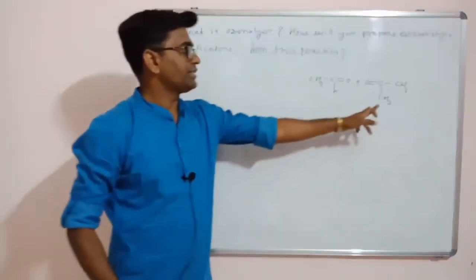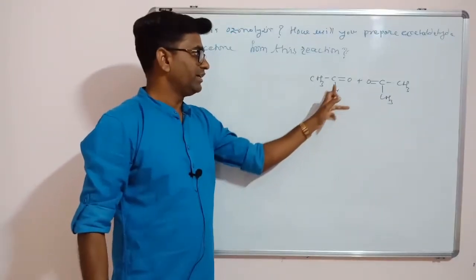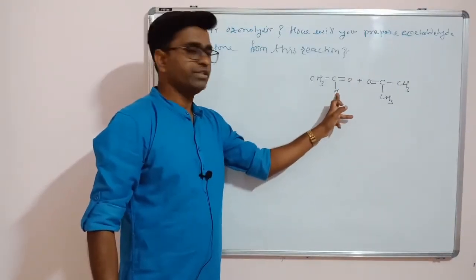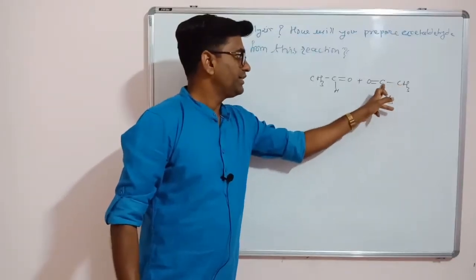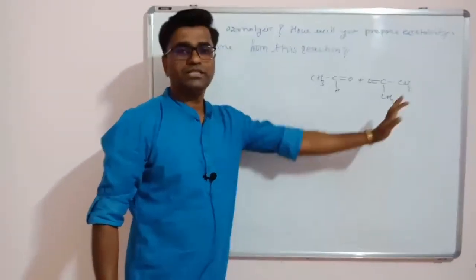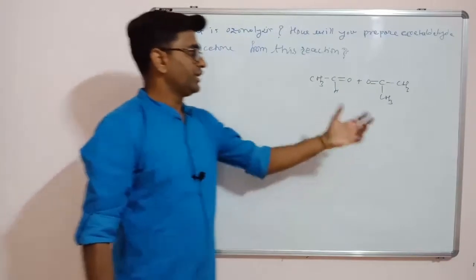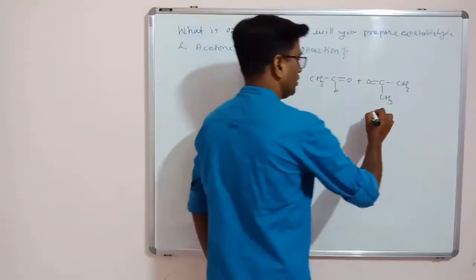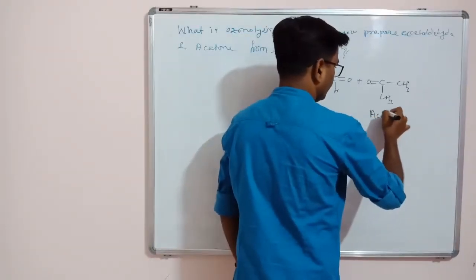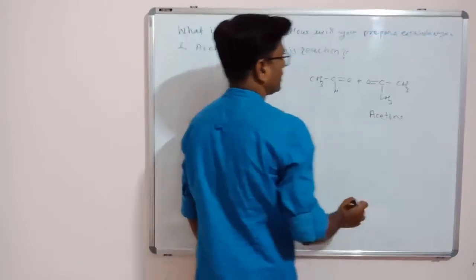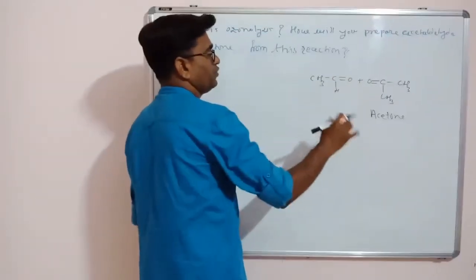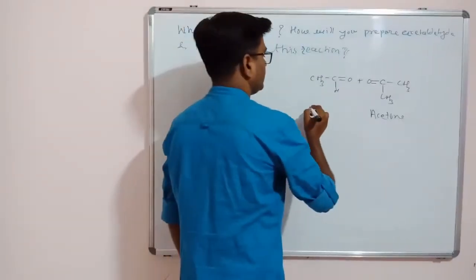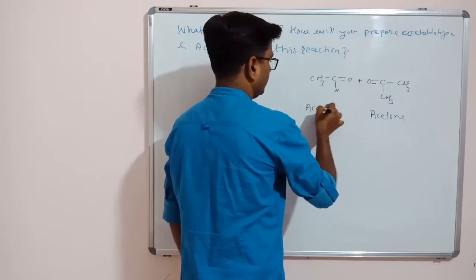This is acetone and this is acetaldehyde. The aldehyde functional group is RCHO, and RCOR is the ketone functional group. The name of this molecule is acetone. Common name is acetone, IUPAC name is 2-propanone. This is acetaldehyde.